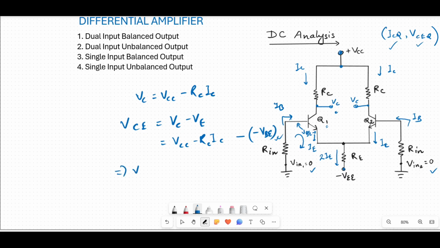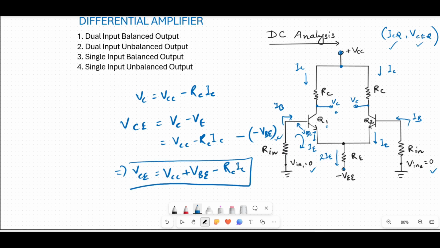So VCE equals VCC plus VBE minus RCIC. This is the value of VCEQ. So we have determined the value of VCEQ and ICQ, which represents the DC analysis of the differential amplifier.